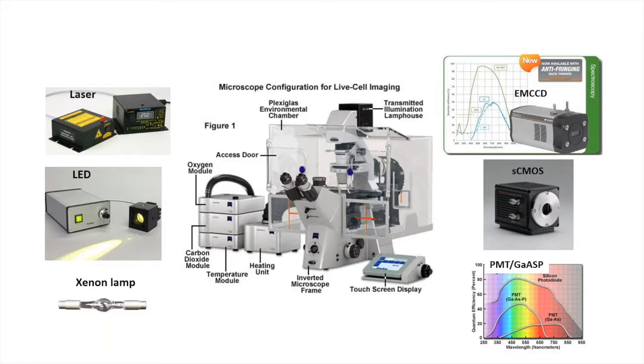CMOS cameras are also fast and sensitive. And for laser scanning confocal systems, they are mostly photomultiplier tube-based, but there are hybrid gas detectors now that are more sensitive, have better quantum yield, and will give you better sensitivity for live cell imaging. So that's the components of the system.